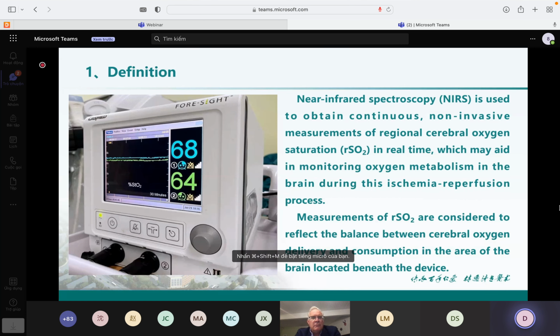Near-infrared spectroscopy is used to obtain continuous, non-invasive measurements of regional oxygen saturation in real time, which may aid in monitoring oxygen metabolism in the brain during the ischemia reperfusion process. Measurements of rSO2 are considered to reflect the balance between cerebral oxygen delivery and consumption in the area of the brain located beneath the device.